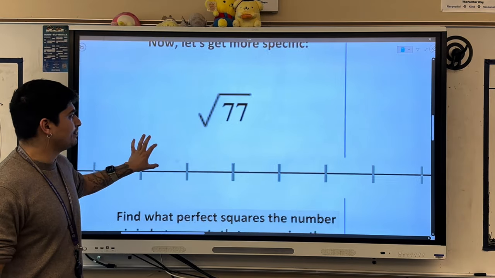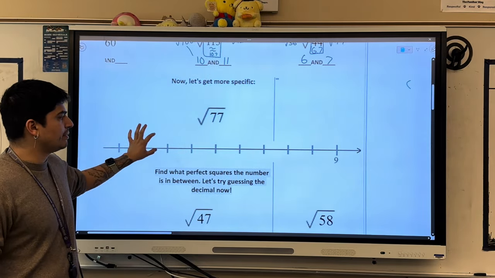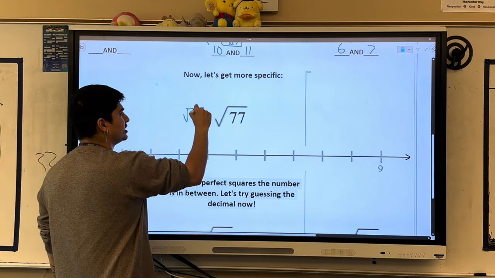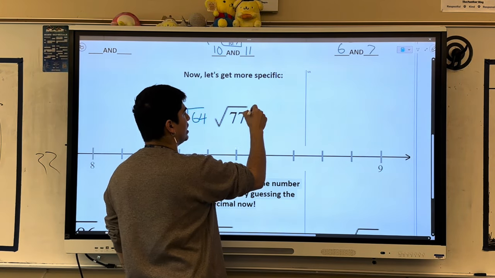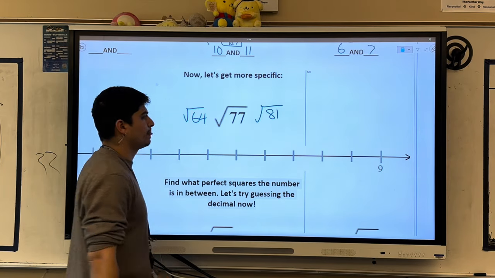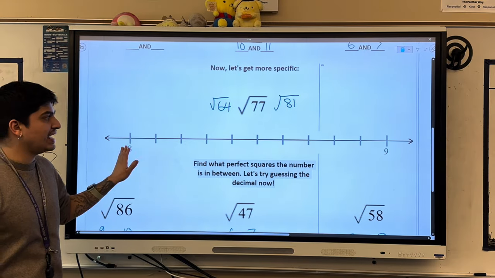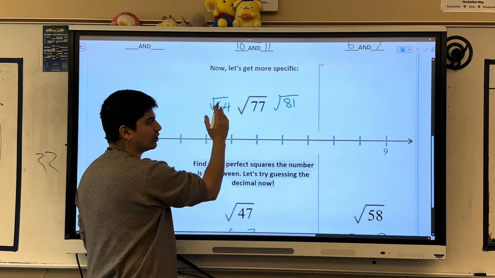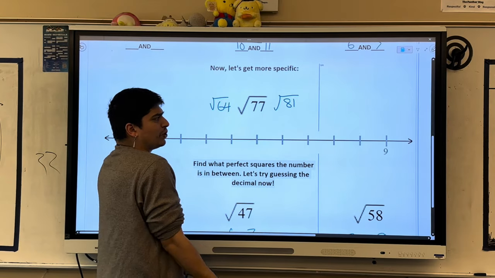And then one last time, if this was my number, this is in between the square root of 64 and the square root of 81. So it's in between the numbers 8 and 9. The difference here being that it is closer to the 9. It's only 4 numbers away.